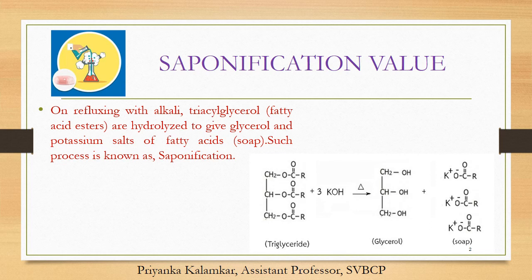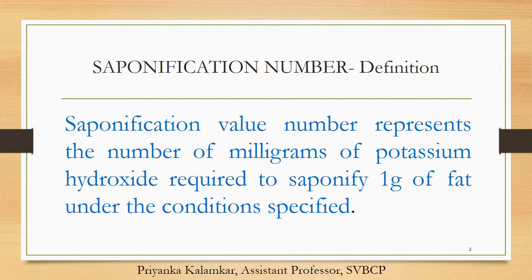In all, for one triglyceride you need 3 molecules of KOH. In presence of heat it gets hydrolyzed and converted into glycerol and potassium salts of corresponding fatty acids. So there is breaking of this ester linkage which is present here. These potassium salts are called soap, and this total process is termed as saponification.